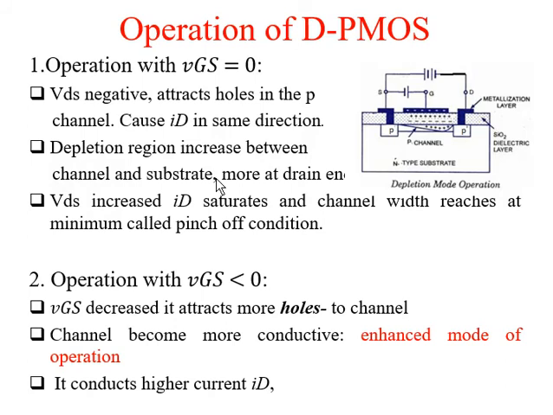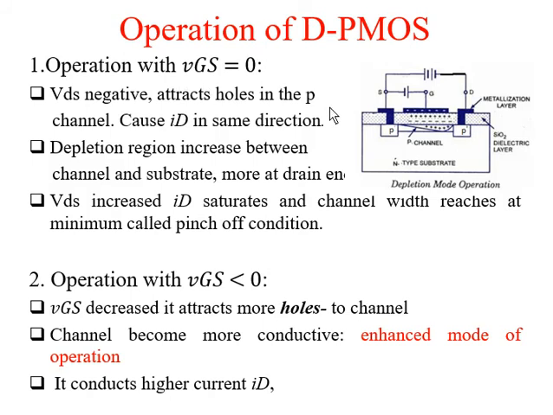That's the only difference, the polarity is changed. Between the p-type and n-type depletion mode transistors only the polarity will be different. The remaining operations are the same. So we can see the operation of this DPMOS. First we can see the condition when VGS equals 0.